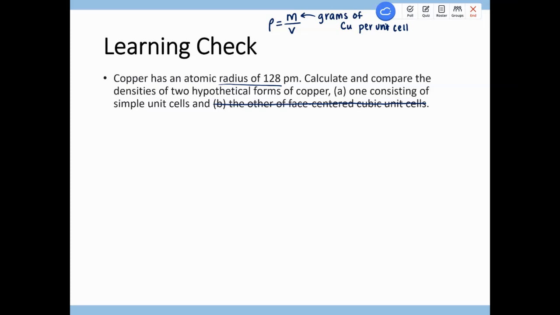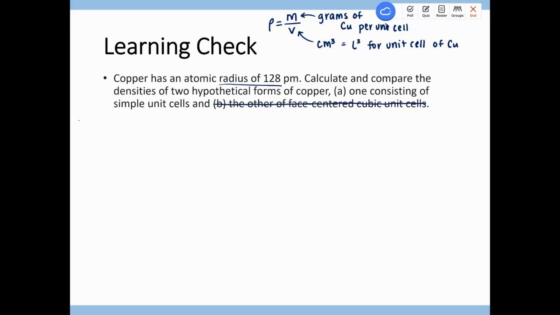And then volume is centimeters cubed, which will be the edge length cubed for the unit cell. So we can find the mass, we'll get there. We can find the volume using that formula of the edge length for a simple cubic cell.